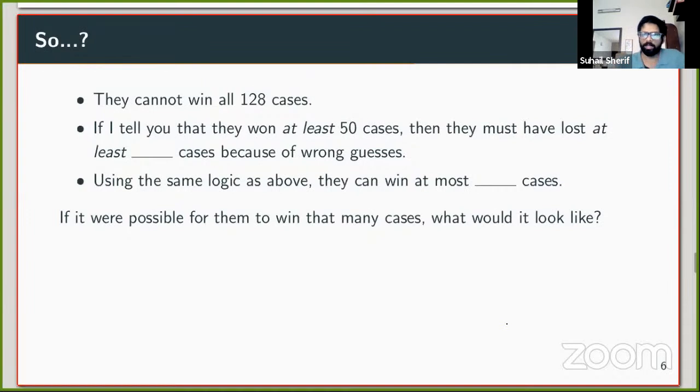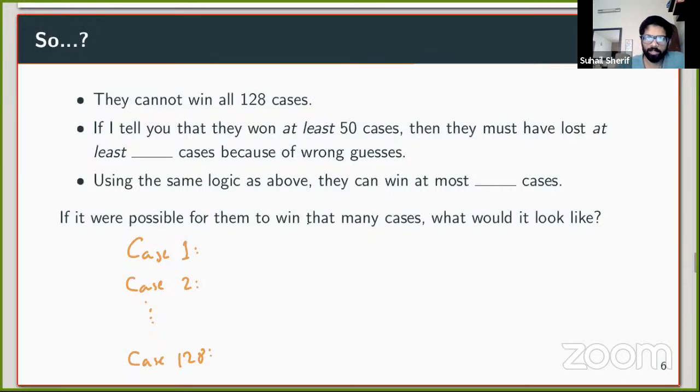If it's possible to win 112 cases, what would it look like? So you can probably list down all the cases, case number 1, case number 2, and so on to case number 128. And so you can ask how many correct guesses and wrong guesses were made in case number 1.